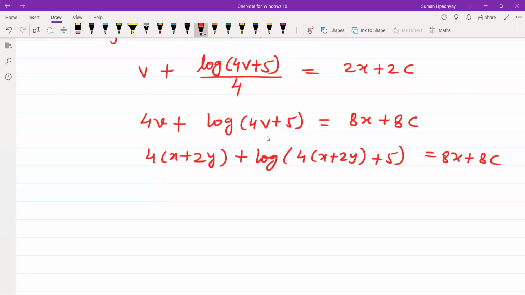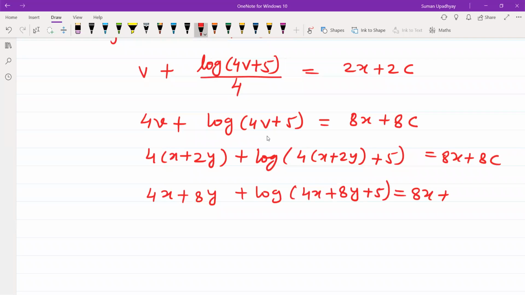Next, multiply this 4 inside, then 4x plus 8y plus log of 4x plus 8y plus 5 is equals to 8x plus 8c. This 8c I can take as c1, where c1 is this 8c. So hence, this is my final answer.